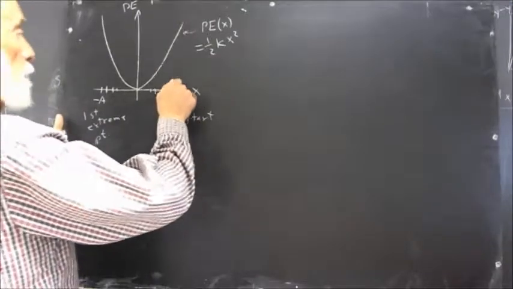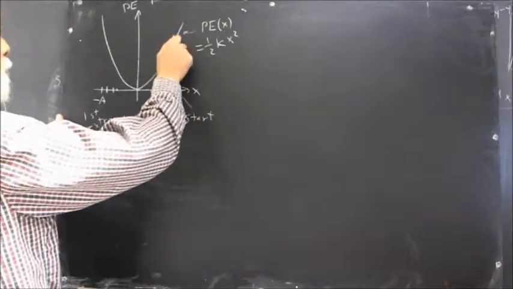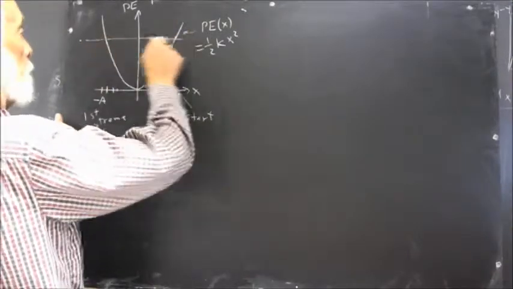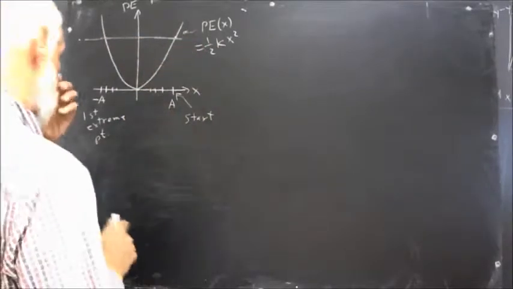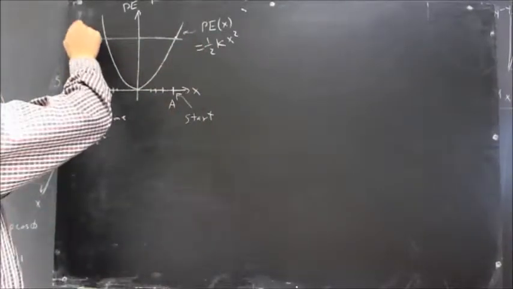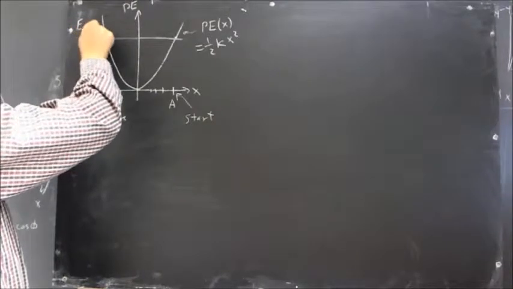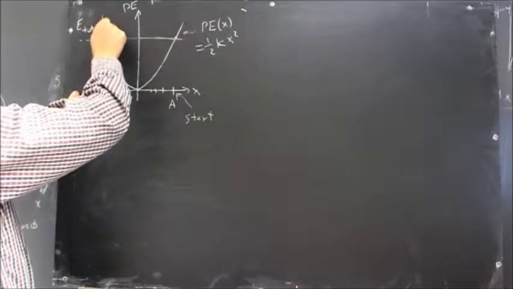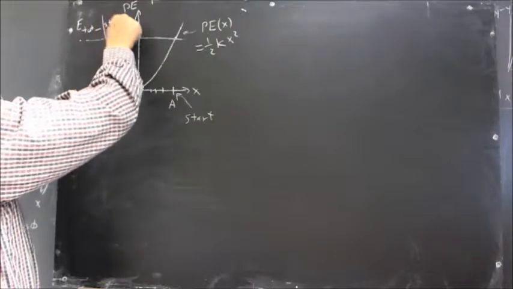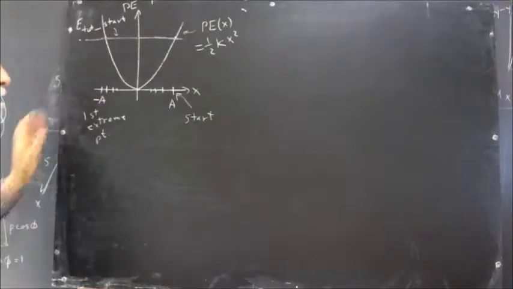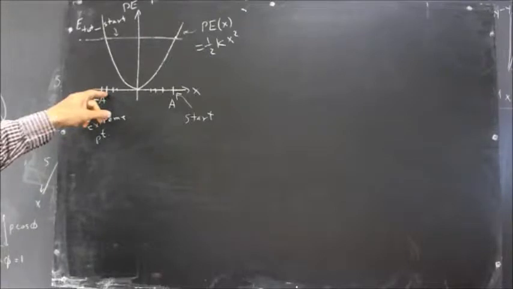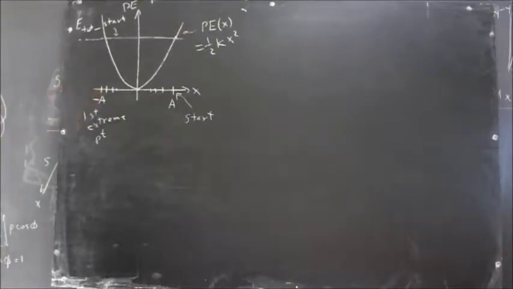When you're here, you have all this potential energy. So here's your total energy at the start. Call that energy total start. By the time it gets over here, it's lost energy.